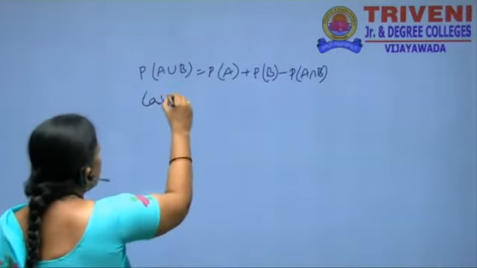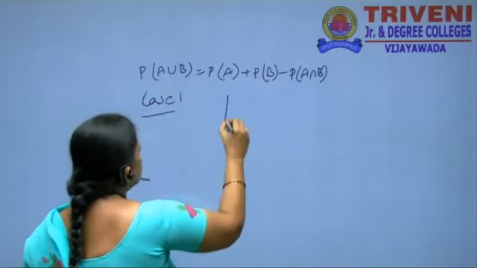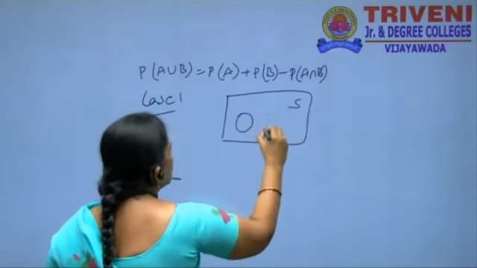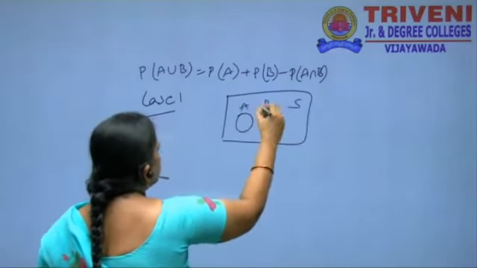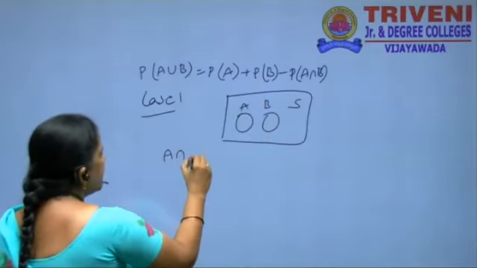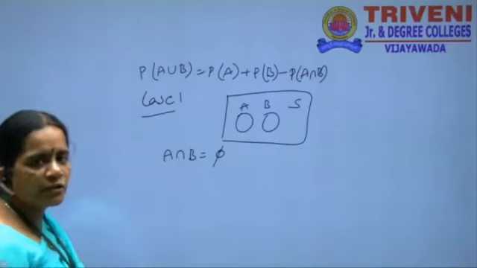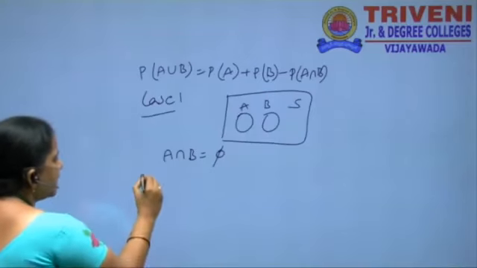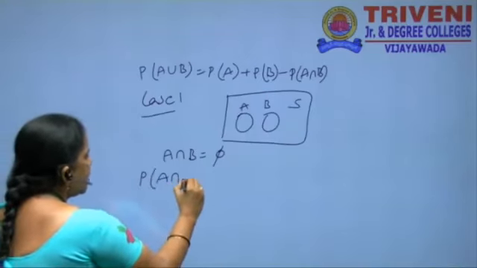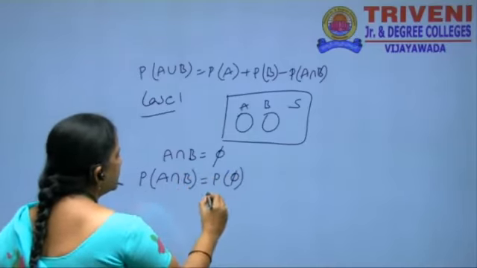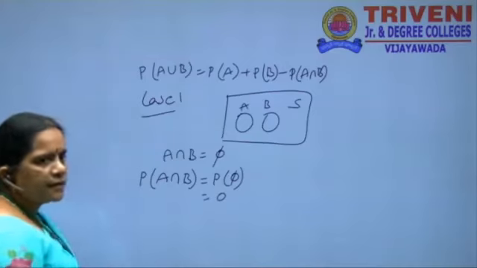First we have to take case 1. In a sample space S, A and B are two events. Then A intersection B is equal to phi. Applying theorem on probability here, P of A intersection B is equal to P of phi. P of phi is nothing but 0.